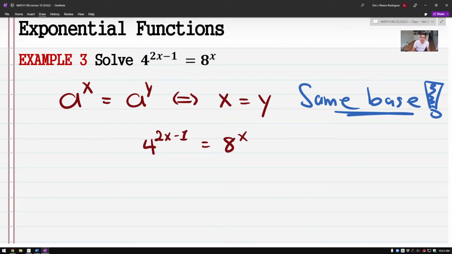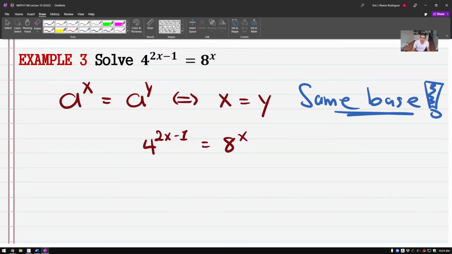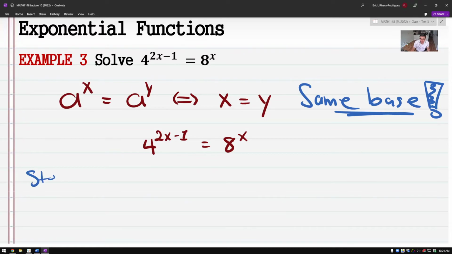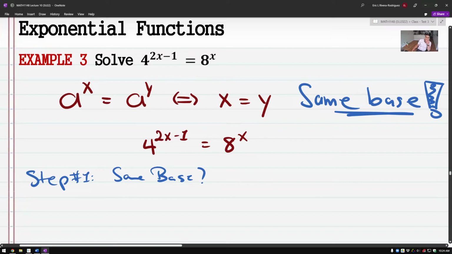Step number 1 is to determine: do we have the same base? That's the question. Do we have the same base? What do you think, class? Do we have the same base?